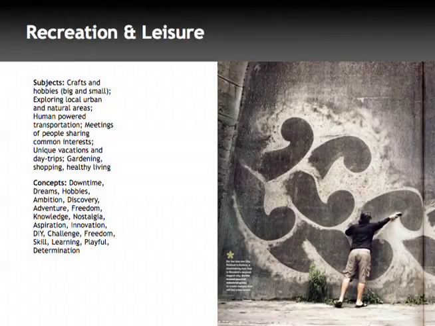Then we have recreation and leisure, which ties into that craft slide that we discussed a few minutes ago, about the importance of showing people engaging in crafts and hobbies, whether it's big or small, exploring local urban and natural areas, human-powered transportation as we all get out of our cars and look for other means of transport, meetings of people sharing common interests, unique vacations and day trips, gardening, shopping, and healthy living.